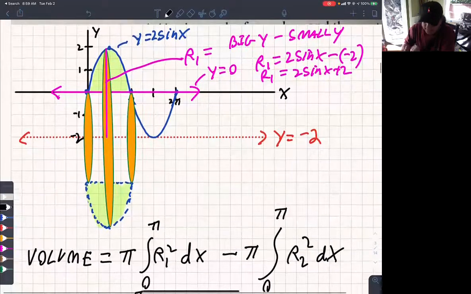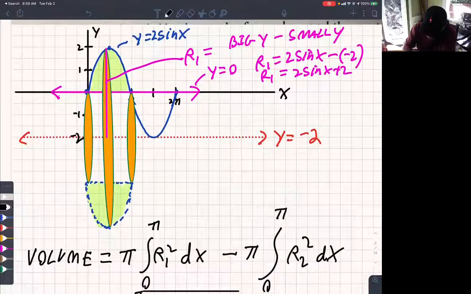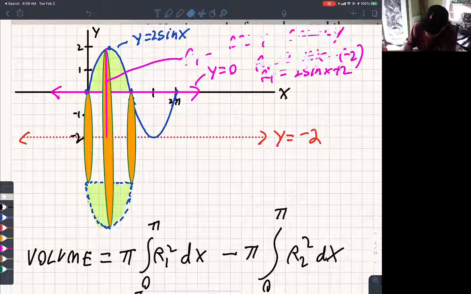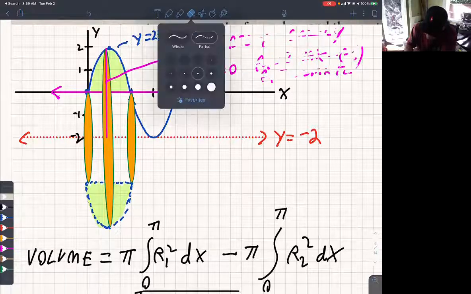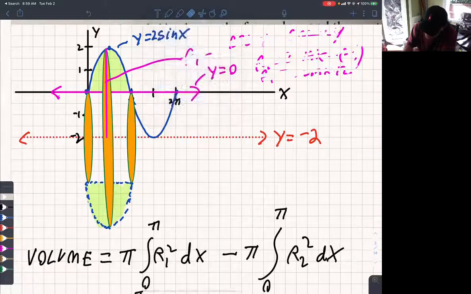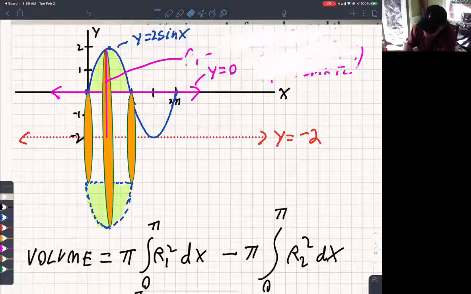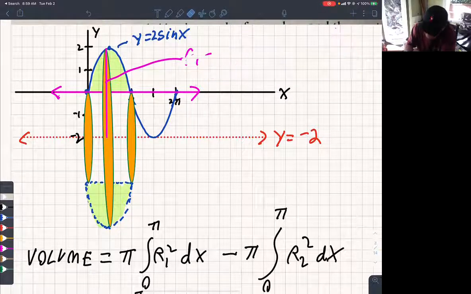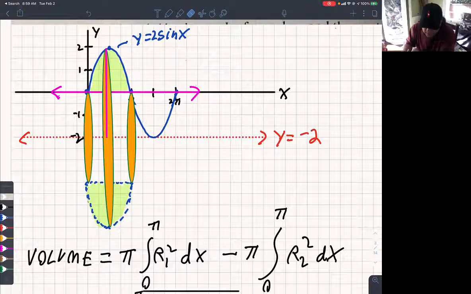So I'm going to look at that. Let me get rid of all this R1 stuff. Oh, I'm sad. I'm really messing up here. Okay. So let me shrink some stuff down. So now the inner circle is going to be like this.